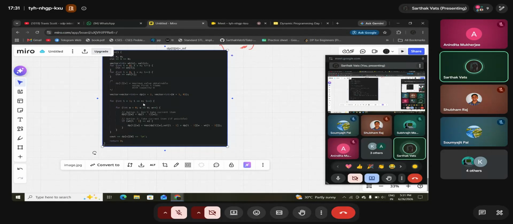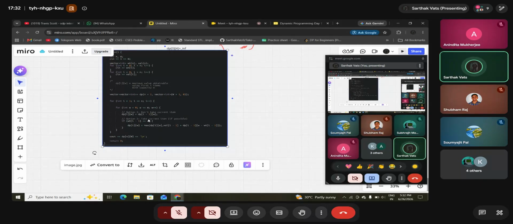So from the first index we go from weight 0 to weight W, and we check: if we don't take it, then it would just be dp of I minus 1 W. And if we do take it, if it is possible, like what I explained through J, W is same as J, so W's value should be greater than the weight at that particular index, and then we can take it.